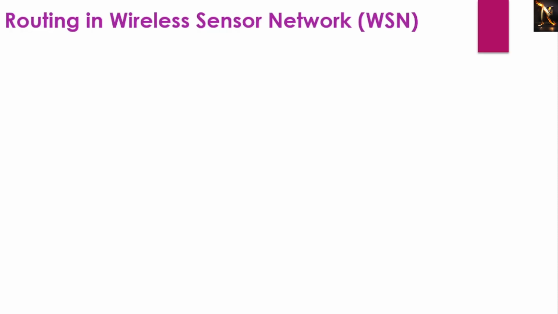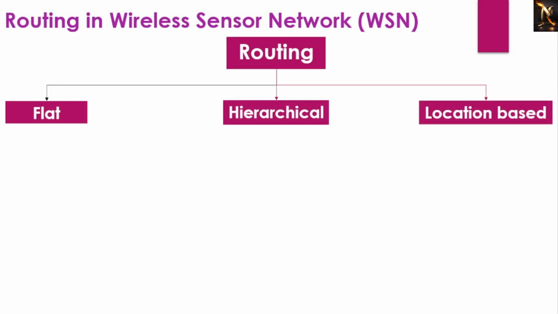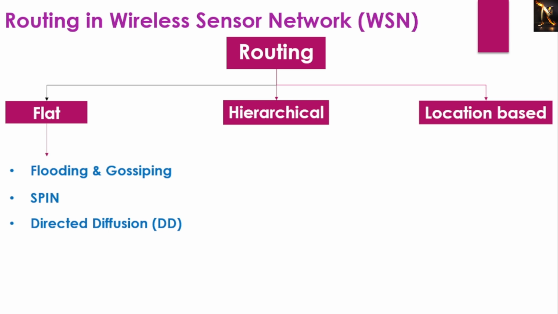Now, let's explore the various routing algorithms associated with wireless sensor nodes. These algorithms are categorized into three groups: flat, hierarchical, and location-based. In the flat architecture, the routing algorithms include flooding and gossiping, SPIN (sensor protocols for information via negotiation), and directed diffusion, DD.